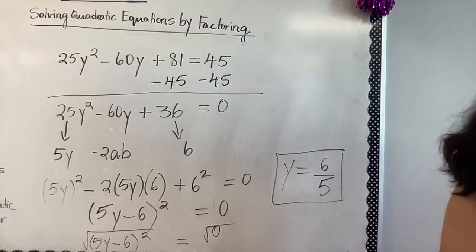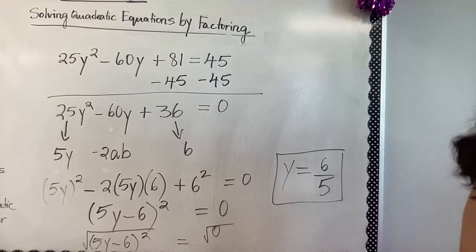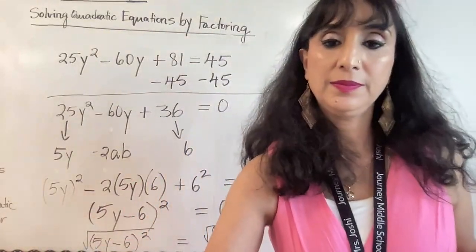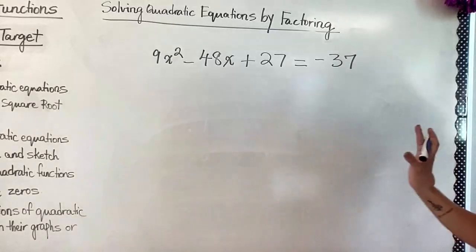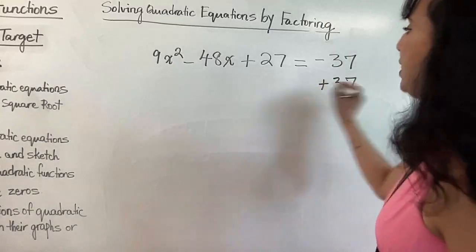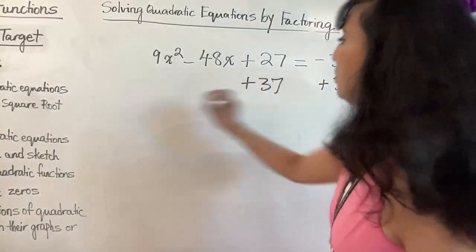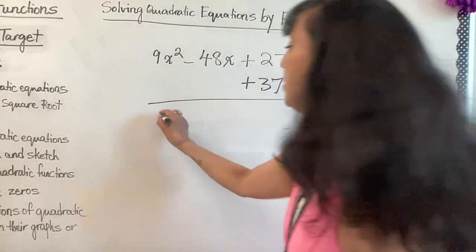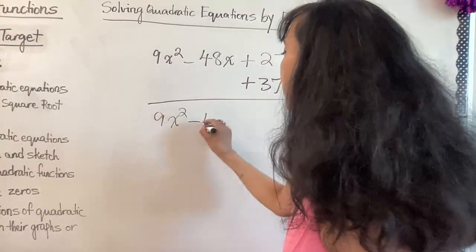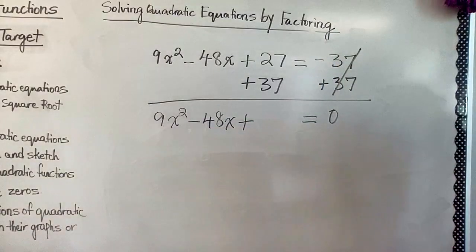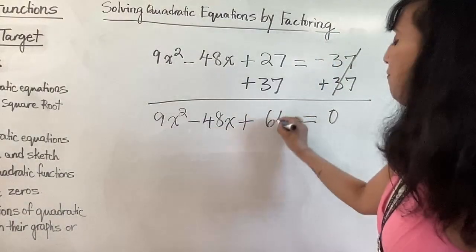Let's go ahead and do another one really quick. All right, so here's another problem. And I am again now going to add 37 to both sides. Okay, so another example, and I get 0 is equal to 9x squared minus 48x plus, we have 27 plus 37, that gives me 64.